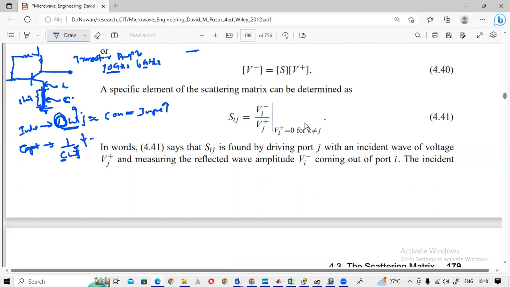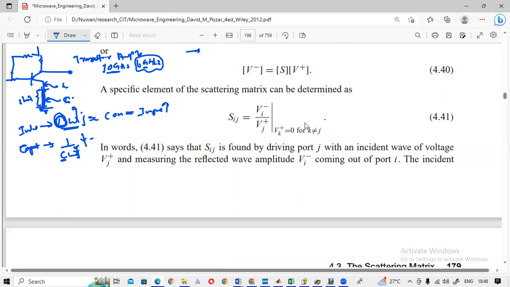Although you have kept it open, actually it may be a short circuit. This happens at high frequency. When we are working with high frequency, that can happen.